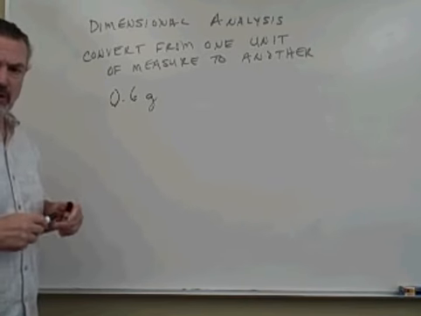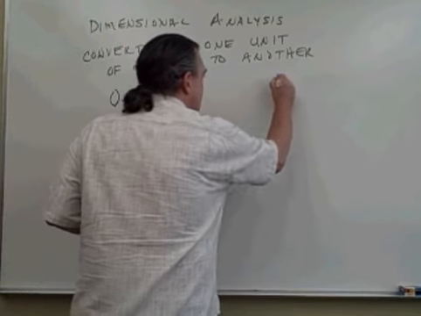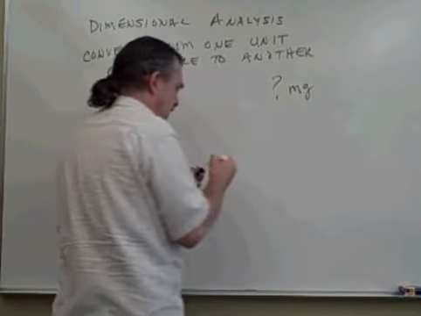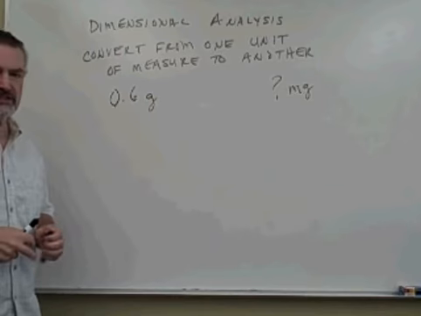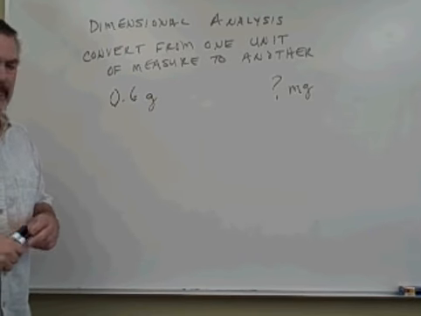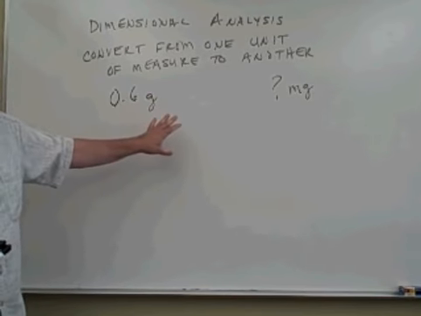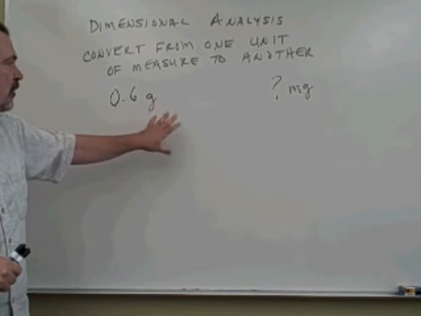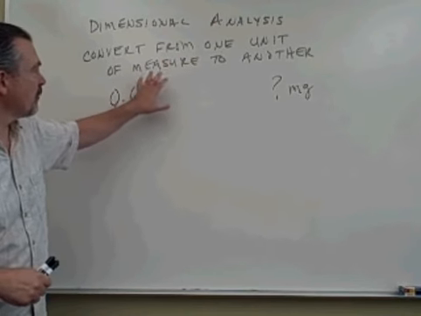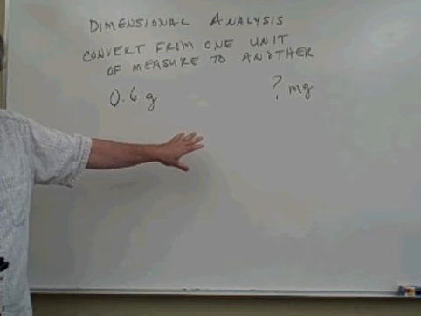And we want to know how many milligrams is equivalent to that 0.6 gram. That's the process that we need to go through, this conversion from one unit of measure to another.